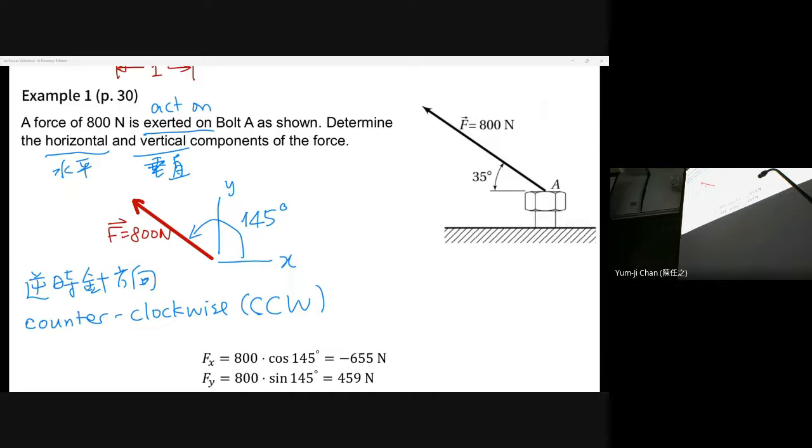This is counterclockwise, or somebody would simply say anti-clockwise. There are two ways of saying this, but the short form is always CCW.